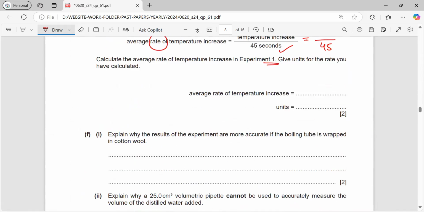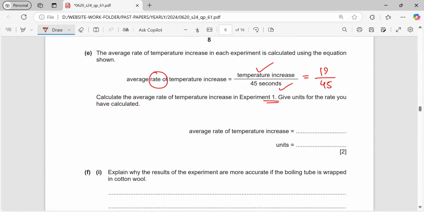So 12 divided by 45 is 0.27. The units will be degrees Celsius over seconds, because the temperature change is in degrees Celsius and the time is in seconds.